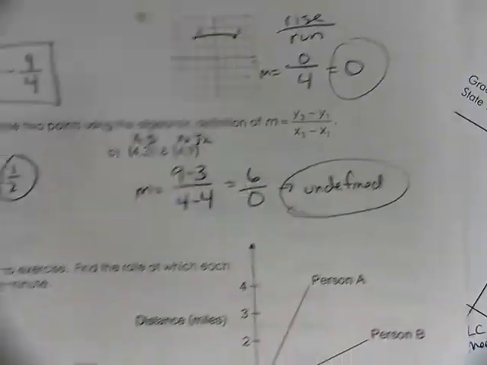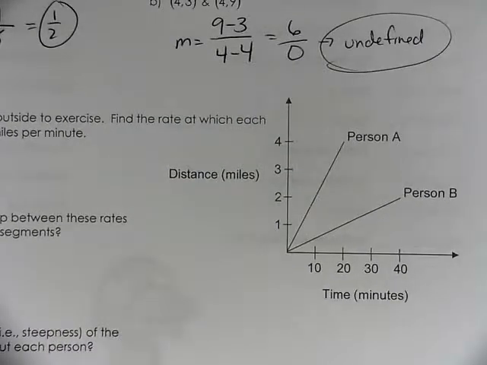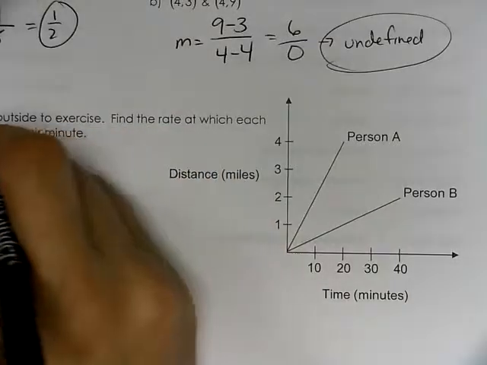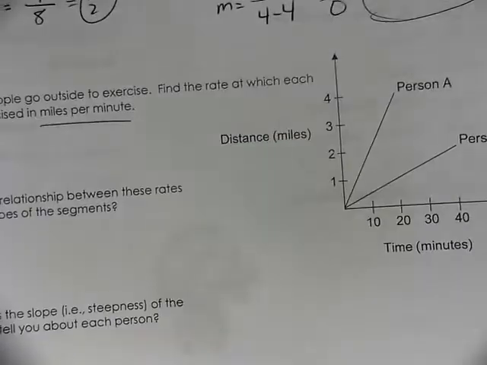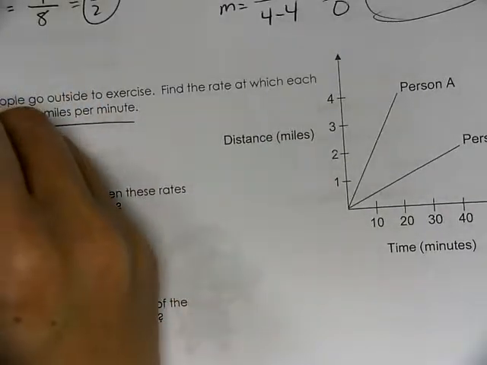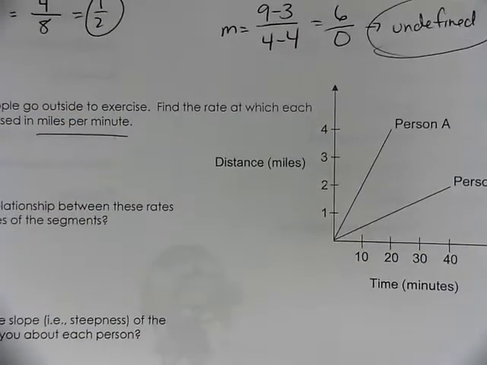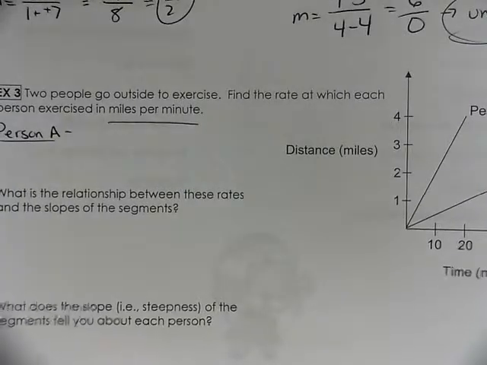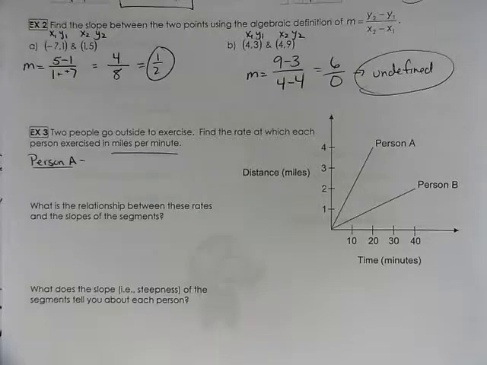Okay, let's look at the story problem. So 2 people go outside to exercise. Find the rate at which each person exercised in miles per minute. So person A, person B. If you look at the graph, how far in miles per minute do you think person A is going?